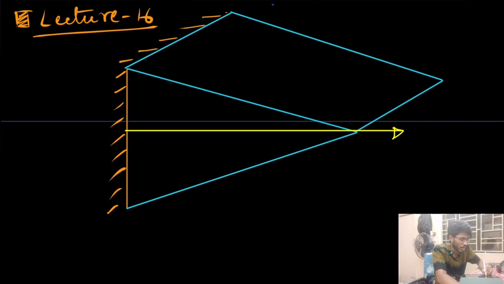This should pass through this point also, and this is our y-axis. Okay, so I could have chosen the green color, right? That would be more effective here.